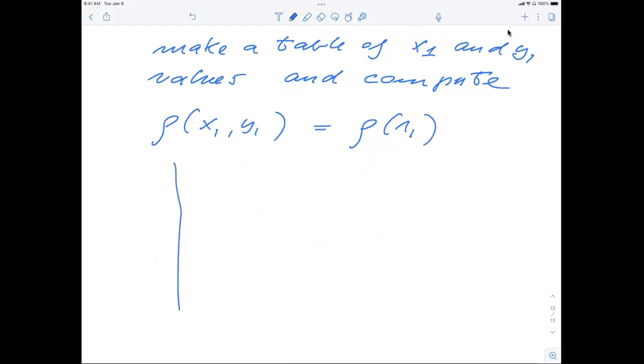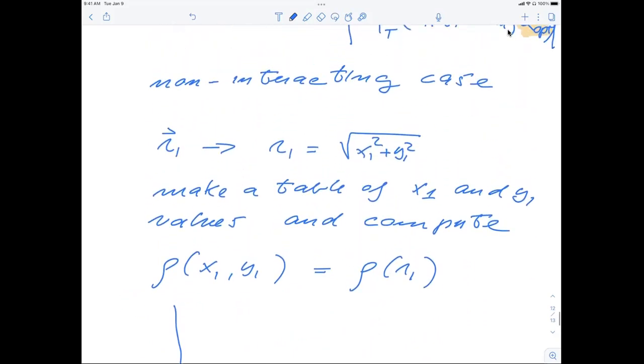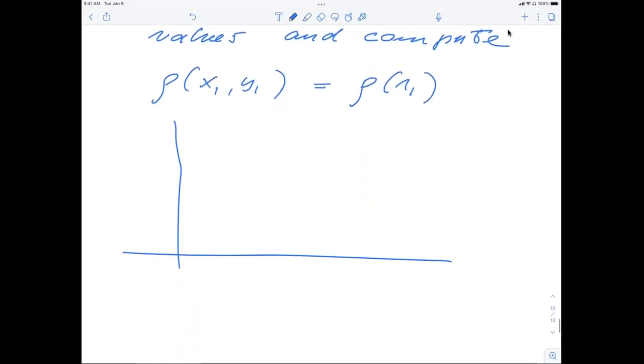So what you will see then when you plot this for the non-interacting case, so if we take this case first, you could see something like this. So I'm just making a sketch here. So this will be as a function of R1, and this will be your rho of R1.